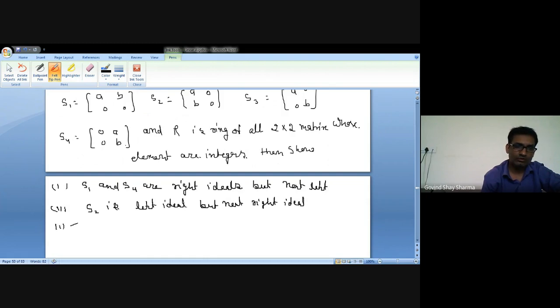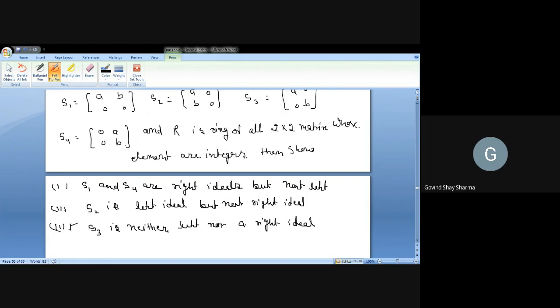Third, S3 is neither left nor right ideal.